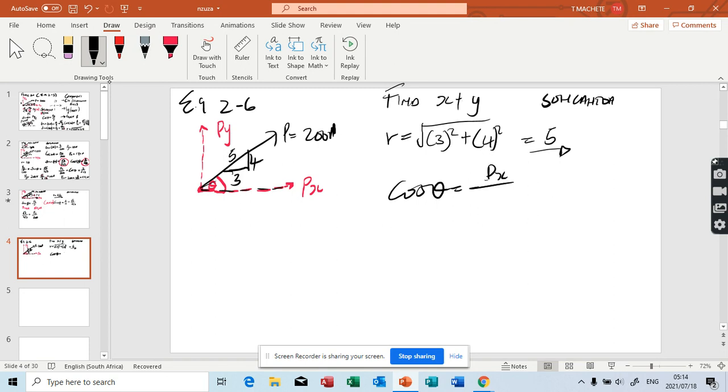Cos theta is adjacent, which is your Px, over hypotenuse, which is your P. Since we don't know the angle theta, we're gonna use those values: 3 over 5 equals Px over P. Then Px will be 200 multiplied by 3 over 5, which is 600 over 5, so 120 newtons.